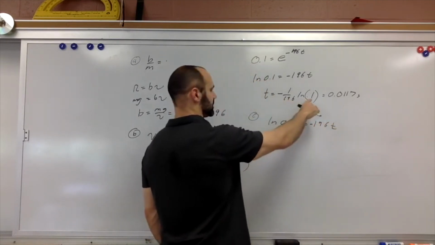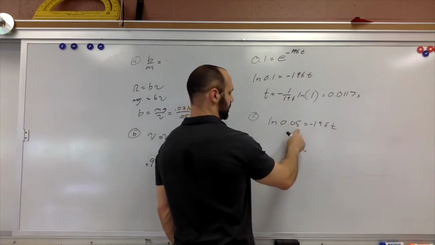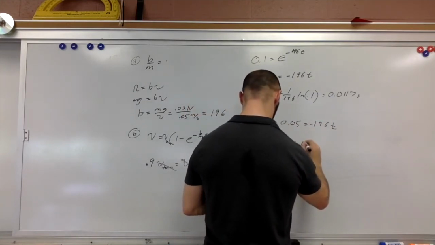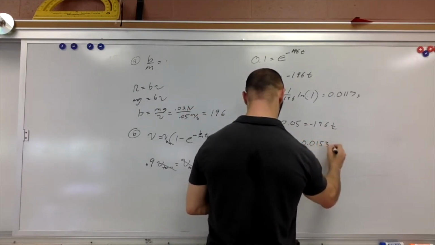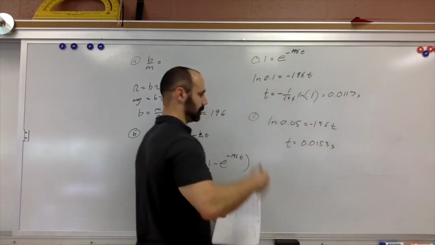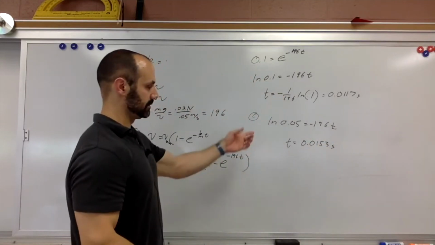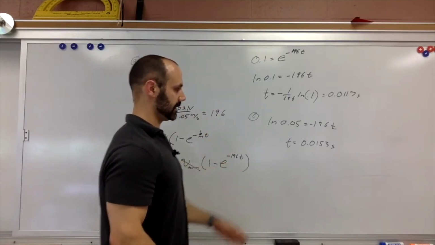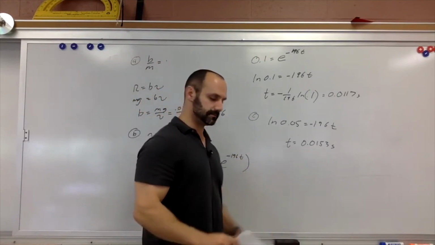So if I repeat this, instead of 0.1, I put in 0.05, then I end up with a time of 0.0153 seconds, right? So more time goes on, it gets slower, or rather it doesn't get slower, it gets faster, but it gets that much closer to V term.